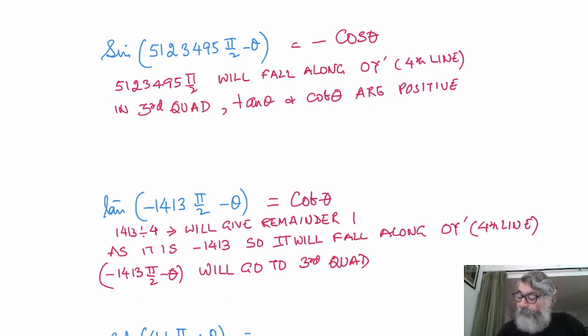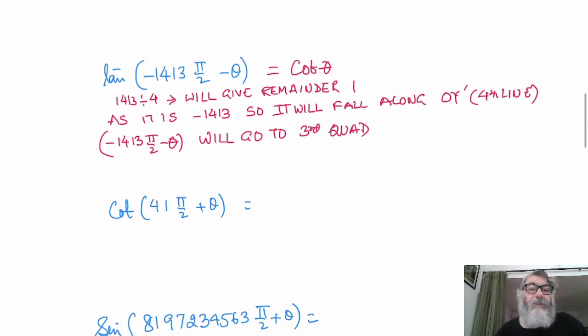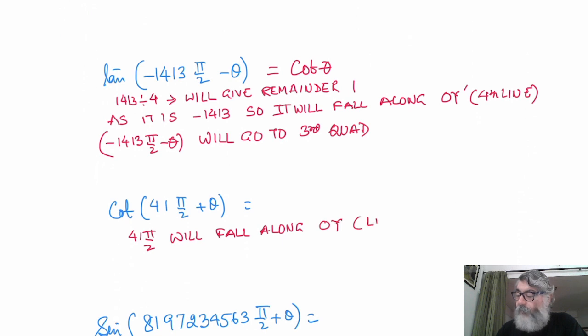Is that clear? And now the next number is simply a smaller number. It's a positive number. 41, 4 tens are 40, 1 will be the remainder. So it will fall along line OY. 41 pi by 2 will fall along OY line 2.